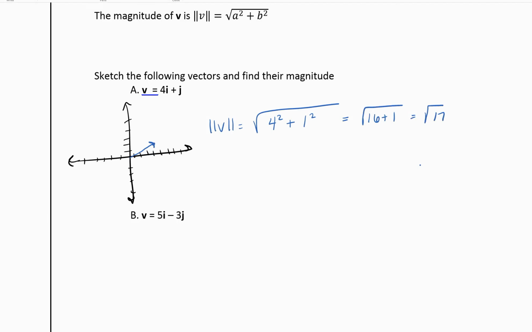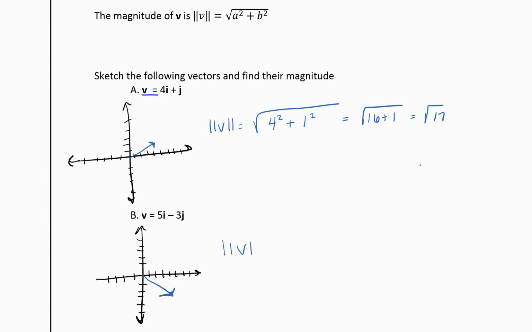Okay, let's do one more. Okay, so this is 5i minus 3j, so that would be this vector right here.